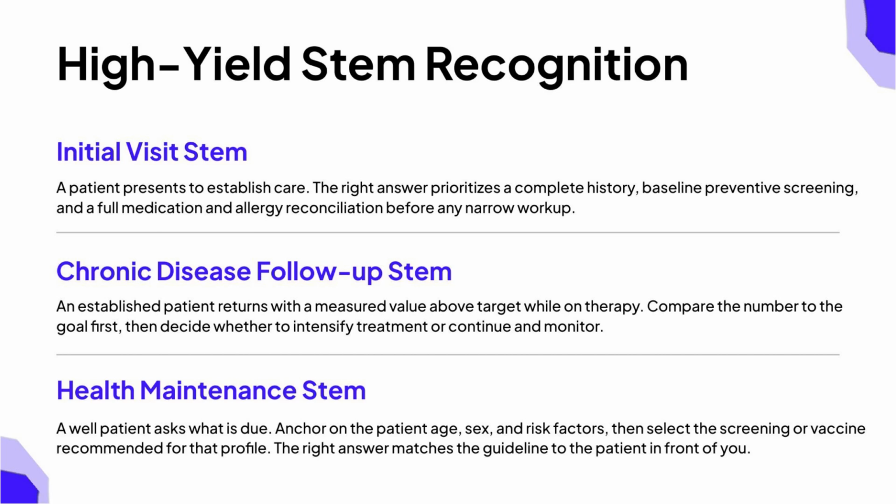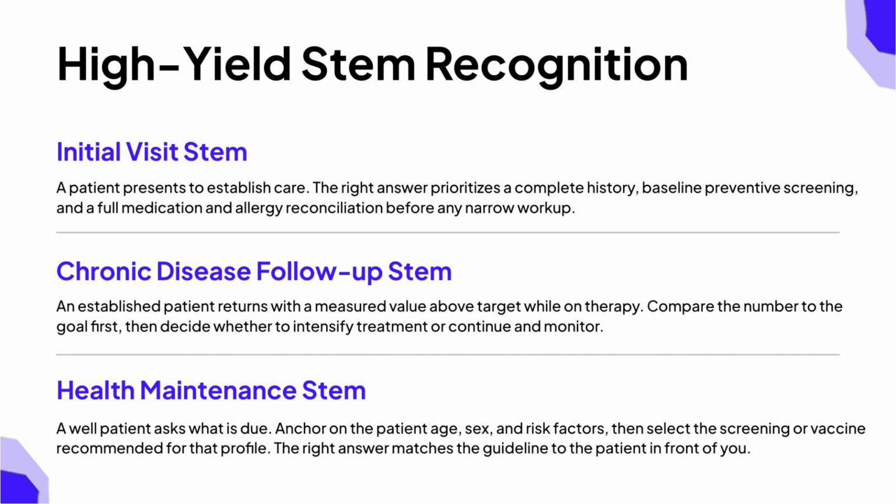Now let us go through high-yield stem recognition. For an initial visit stem, the patient is there to establish care, and the right answer prioritizes a complete history, baseline preventive screening, and a full medication and allergy reconciliation before any narrow workup. For a chronic disease follow-up stem, an established patient returns with a measured value above target while on therapy, so you compare the number to the goal first and then decide whether to intensify treatment or to continue and monitor.